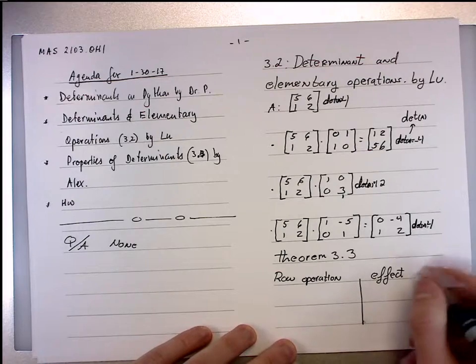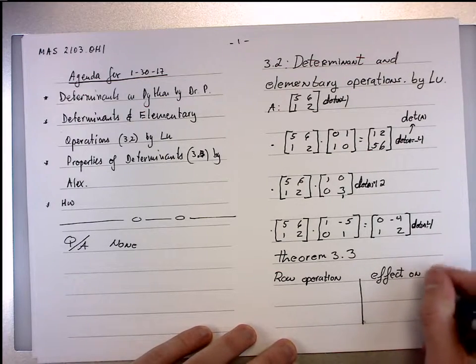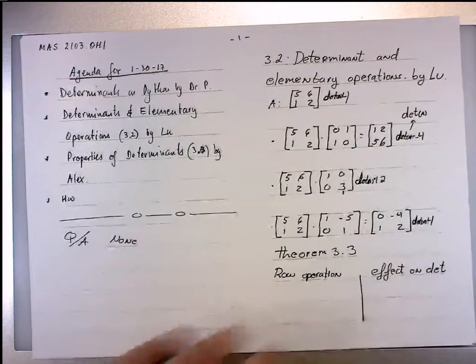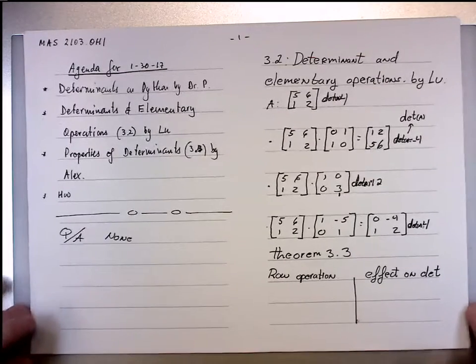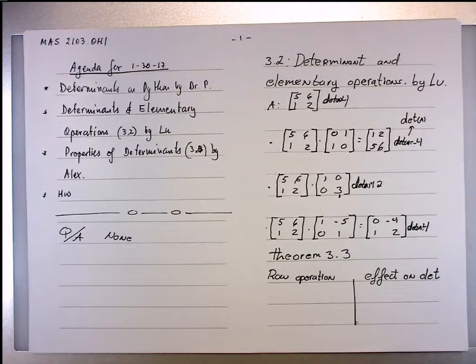I have a question. Sure. When you have these elementary operations, you have to pre-multiply the matrix by the elementary matrix, not post-multiply. For instance, in your example number 2, if you want to multiply your second row by 3, your elementary matrix 1, 0, 0, 3 should be before the matrix, yes?